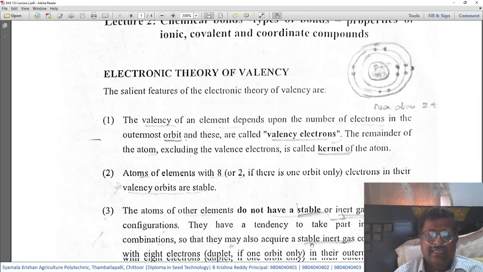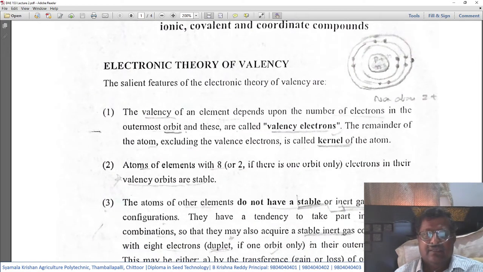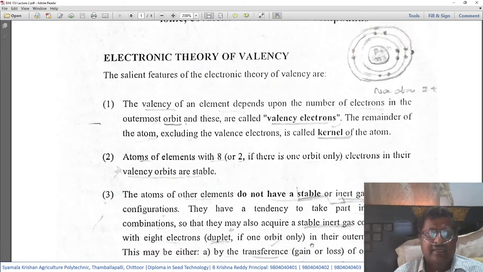Not necessarily 8. In the case of some atoms, there can be 2 also, either 2 or 8, or in pairs. If the electrons are present in the valency orbit in this way, then the element will generally be in a stable state.